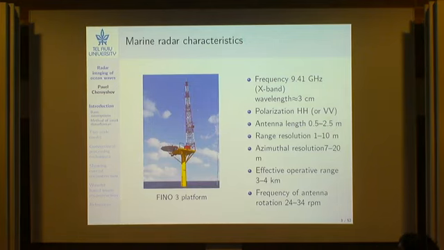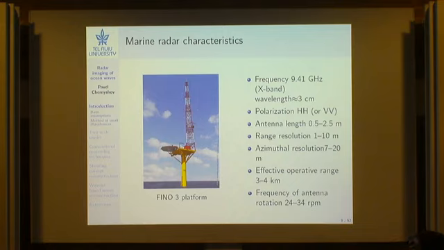This is a photo of the FINO 3 platform. It's a research platform. They have a lot of radars, and it's a rather good place to install the radar because it's pretty high, and it's actually in the North Sea.